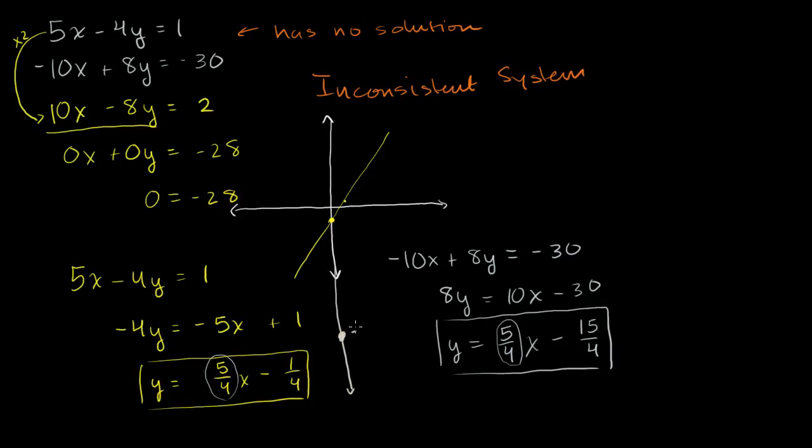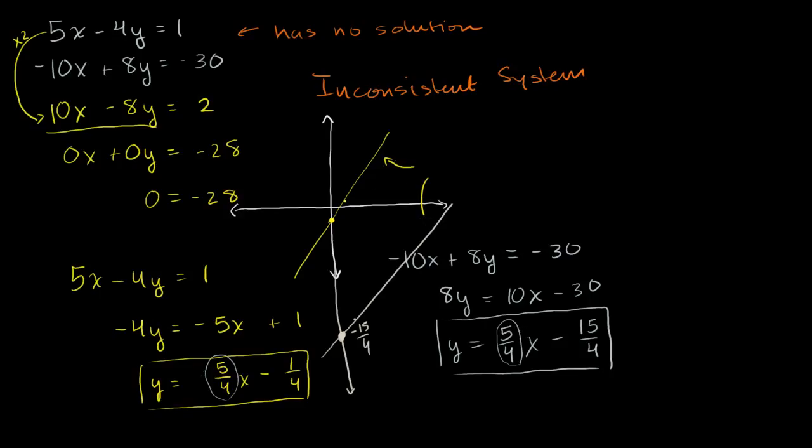This would be at negative 15/4. But its slope is the exact same thing. Every time you go to the right one, you're going to go up by 5/4. So what do you notice about these two lines? They are parallel. They have the same slope, different y-intercepts, so they will never intersect.